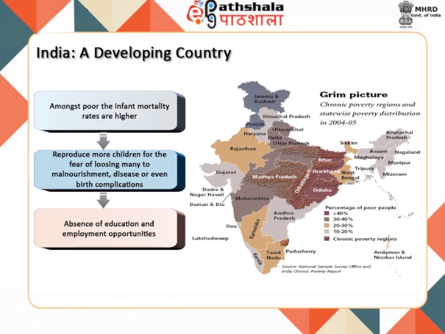This trend has led to a population boom among the more economically backward population. Also, ignorance about family planning, early marriages, multiple pregnancies, and certain cultural beliefs and norms have only accelerated this growth.